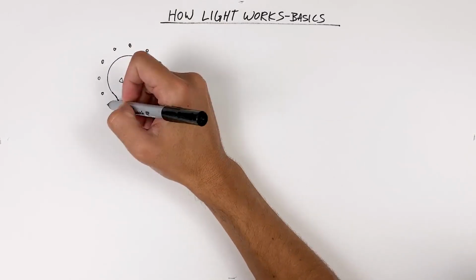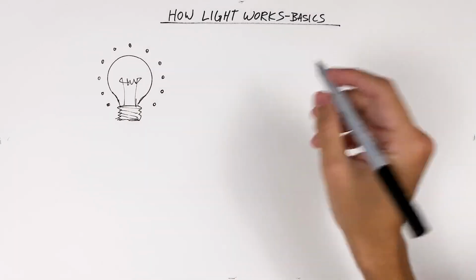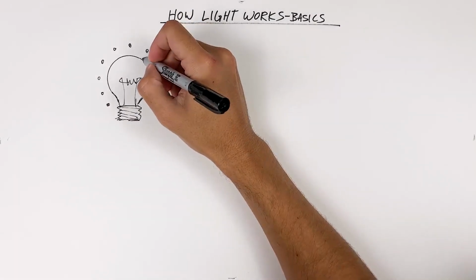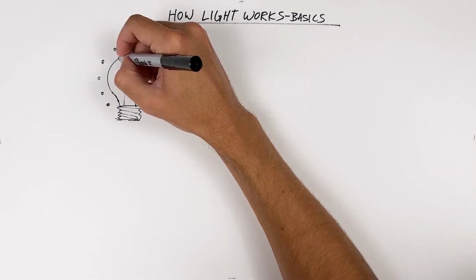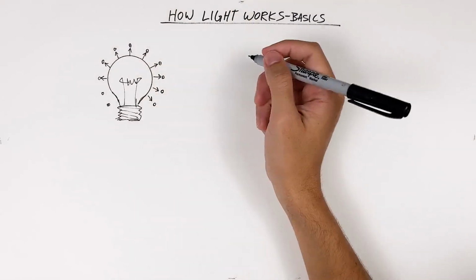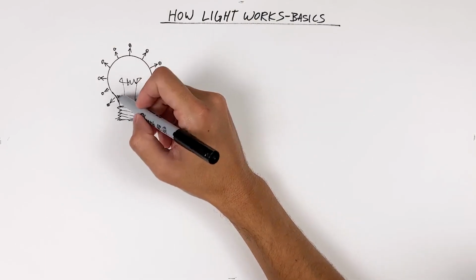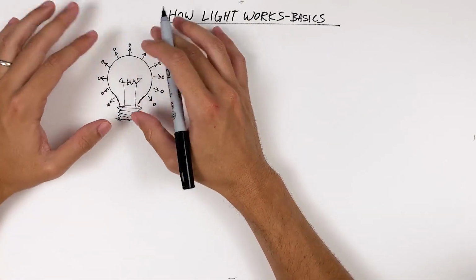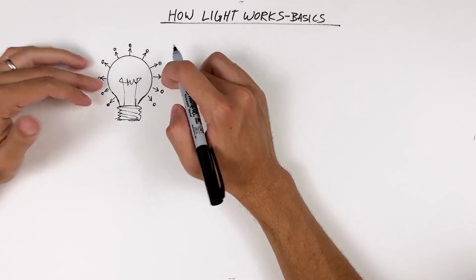But for our purposes as artists, we want to think of photons as particles that shoot out of a light source and that are generally evenly distributed. In something like a light bulb, we're saying that it is generally emitting light in all directions at the same intensity.